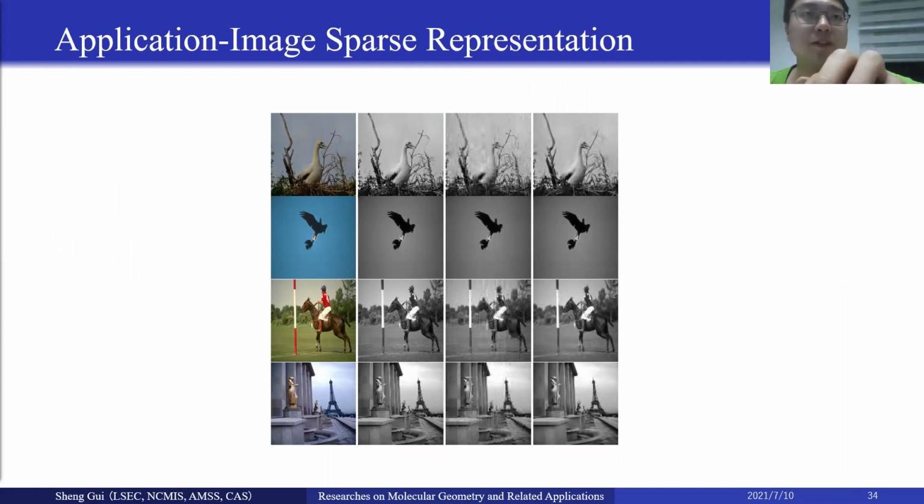Look at these figures. The first column shows the four original images. The second column is the corresponding gray scale images. The third column is the sparse representation result by the KSVD method. And the last column shows the sparse representation results using our method.